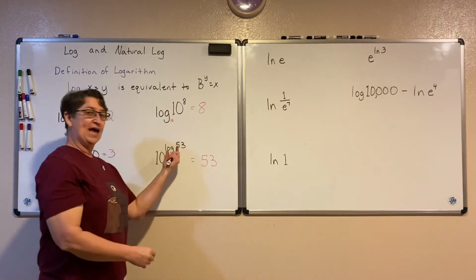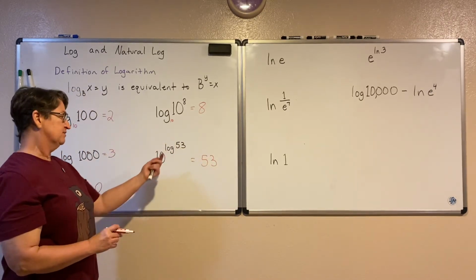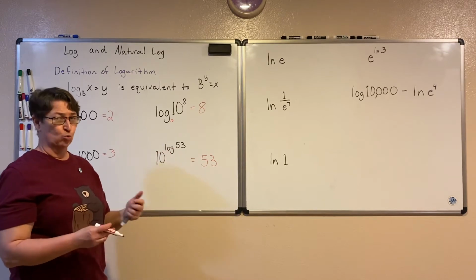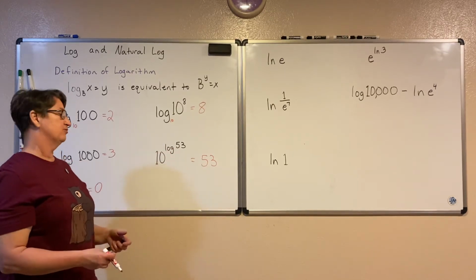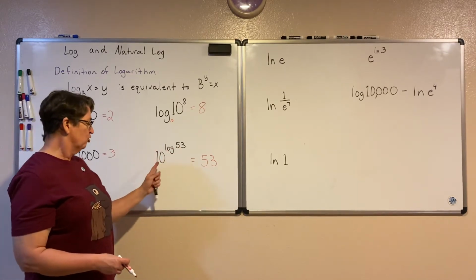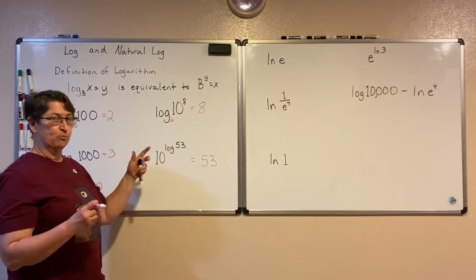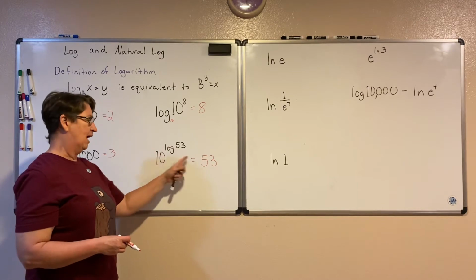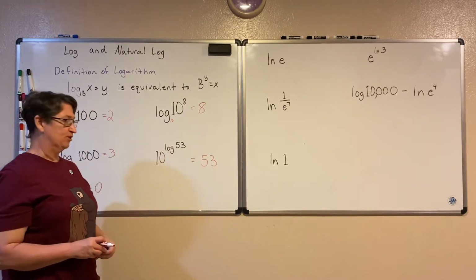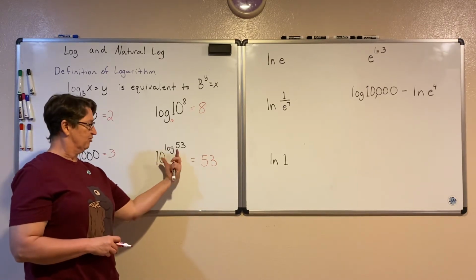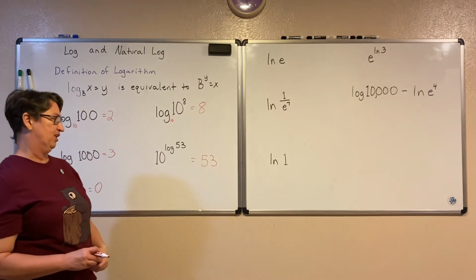So whatever that number is, some decimal between 1 and 2, when I take 10 and raise it to that 1.7-ish number, I'm going to get back out 53. So when their bases are the same, their arguments are the same.